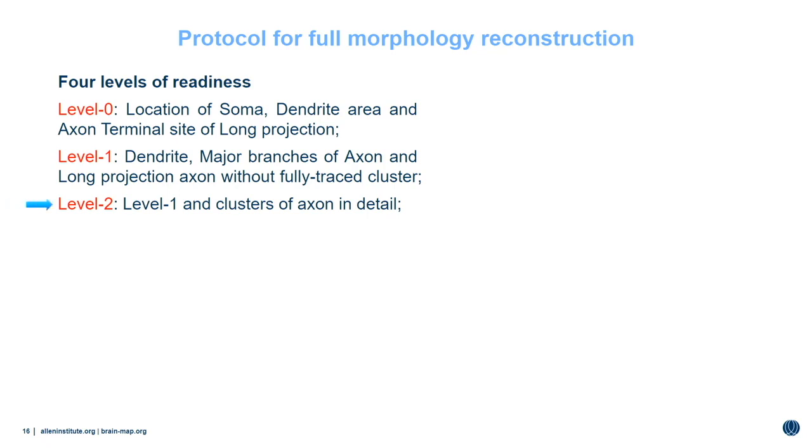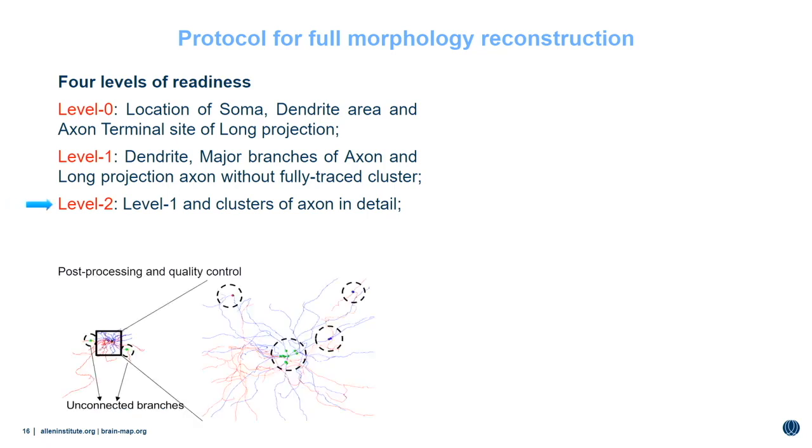And then computational analysis kicks in by starting with post-processing steps to ensure that every neuron is represented by a fully connected single tree. And all the computationally generated connections will be labeled as well as the unconnected branches for further check. So neurons with more than 10% unconnected branches will be excluded from further analysis.